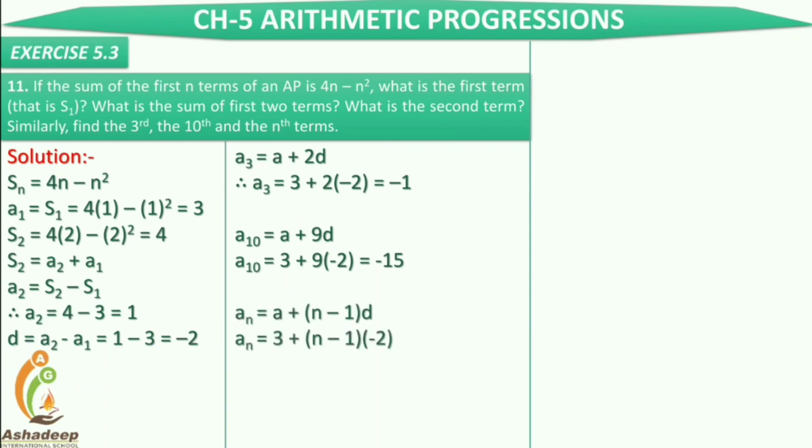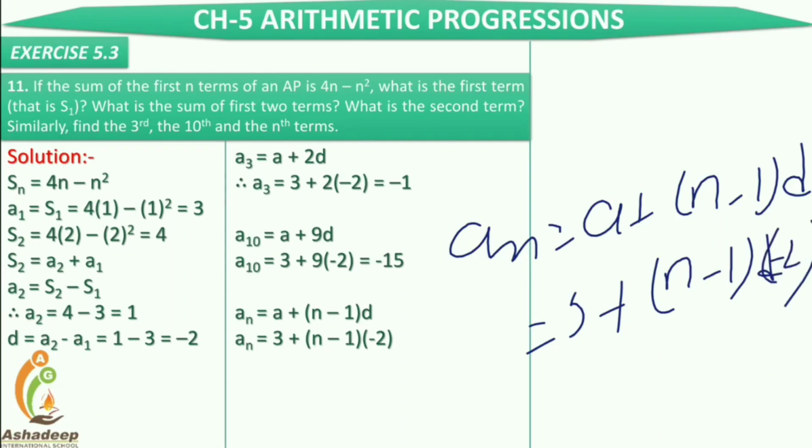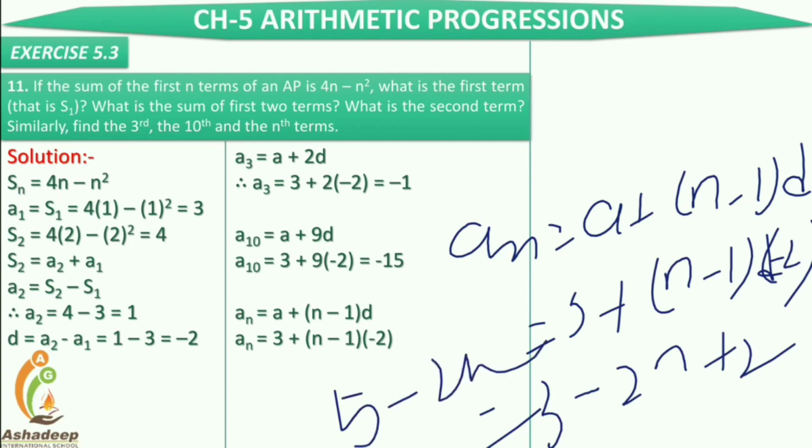An is equal to A plus n minus 1 into D. So A here is 3, plus n minus 1, because we need to find the nth term, into D. D we know, that is minus 2. So 3 minus 2n plus 2 is nothing but 5 minus 2n.